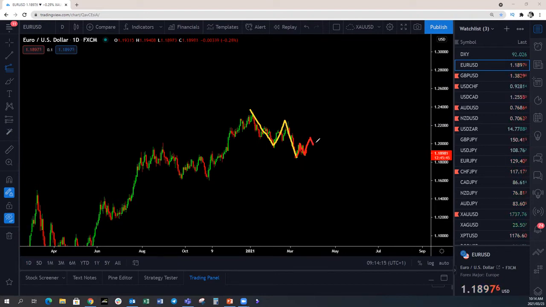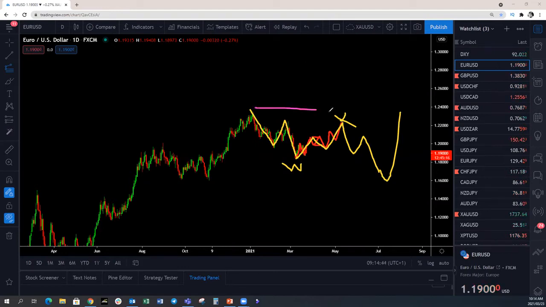There's a possibility that we get another continuation pattern here, and we get another corrective structure here that takes us to about the 50% of the whole move. And that structure can make a structure like this as well. From there, you can even get another one like that, which is a WXY corrective structure, but that will invalidate the whole corrective structure. So we'll have to relook at the whole structure here, and then we'll see if we can get a move to the upside from there.